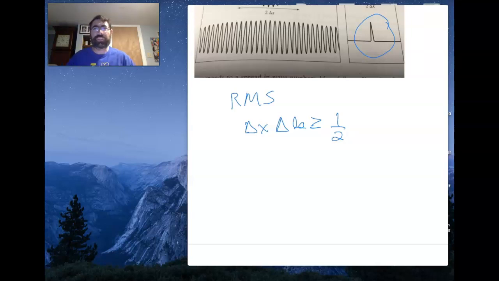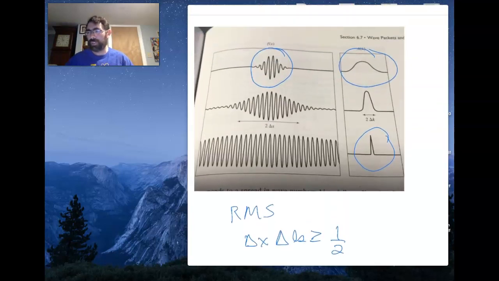But the physics is that if you want to know where something is in particular, you have to include a lot of waves to cancel out all of this stuff on the side here. But if you only want to know about one wave in particular, you lose any information about where you are in space. The wave is now a global object that fills up the entire space with crests and troughs.